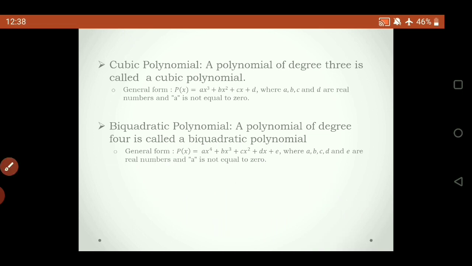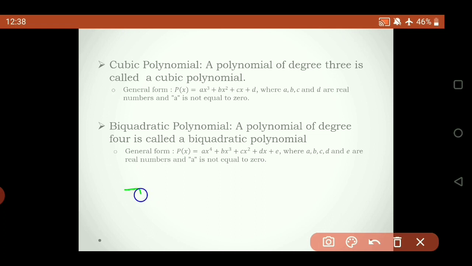The next is biquadratic polynomial. A polynomial of degree 4 is called a biquadratic polynomial. That is, in any polynomial, if the highest degree of the variables involved is 4, then it is called a biquadratic polynomial.